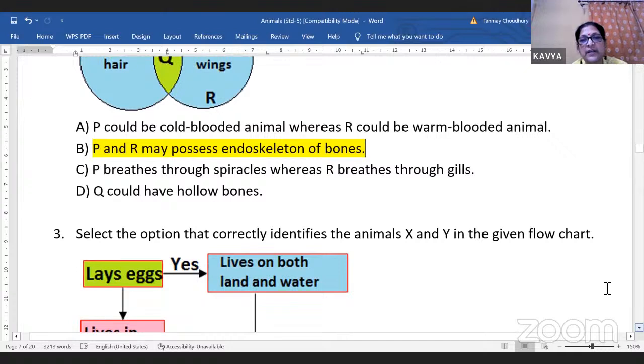Select the option that correctly identifies the animals X and Y in the given flowchart.